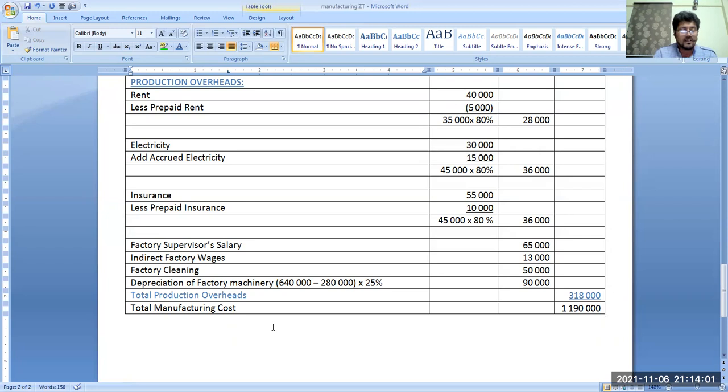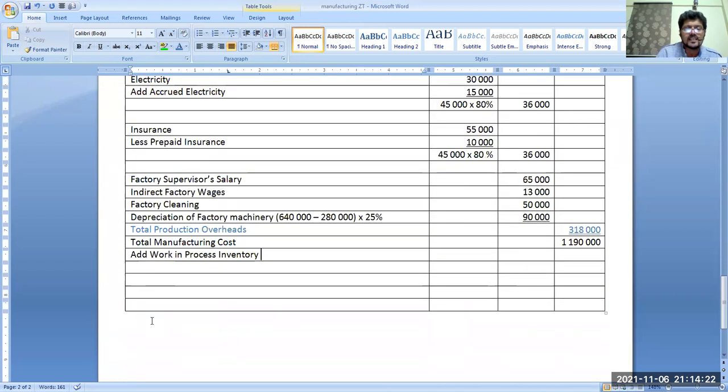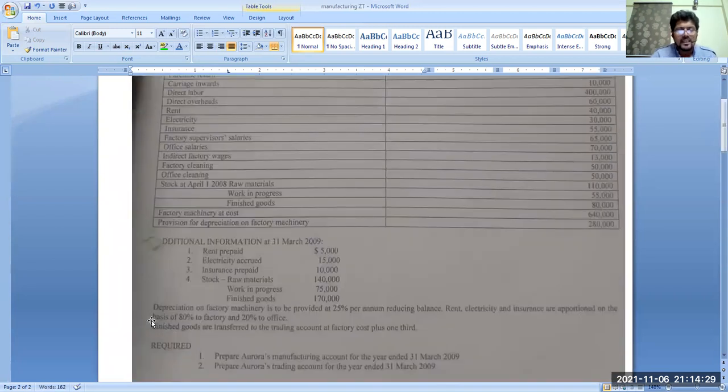All right. Now, next, what you have to do, you have to add work in process inventory at the start of the year. Inventory at the start of the year was how much? That was 1st April 2008. That must be given in your question. Opening inventory of work in process is 55,000.